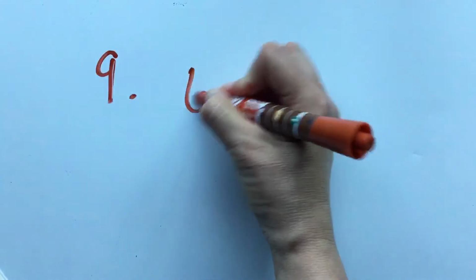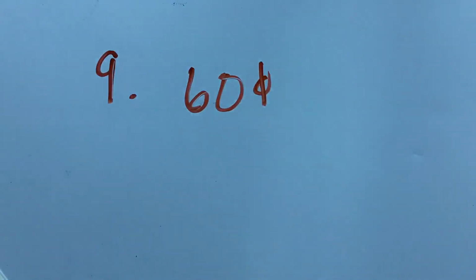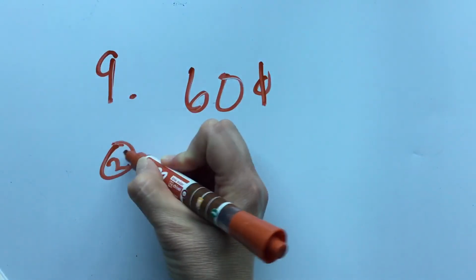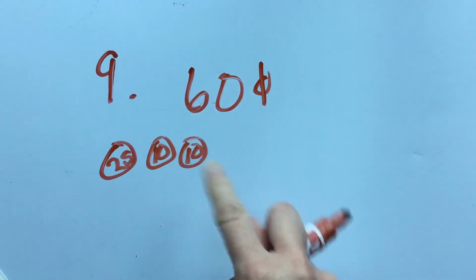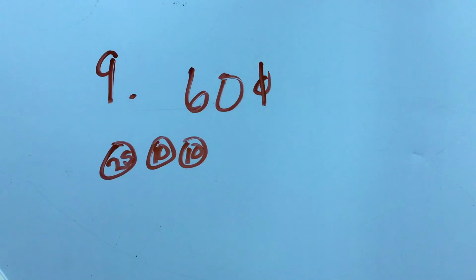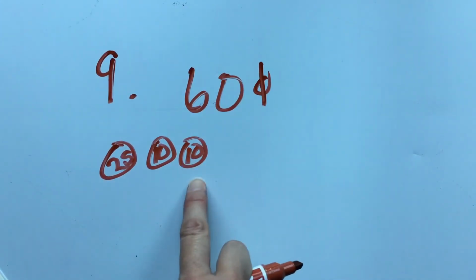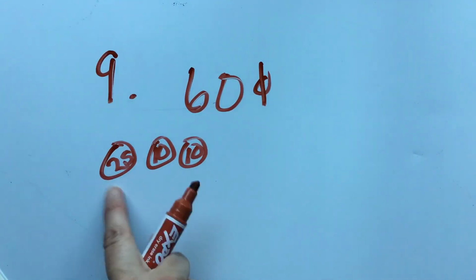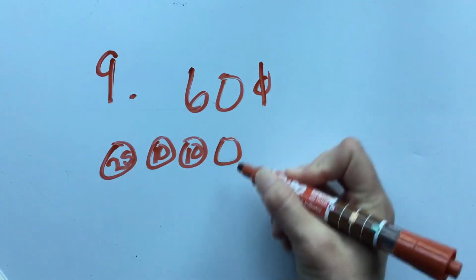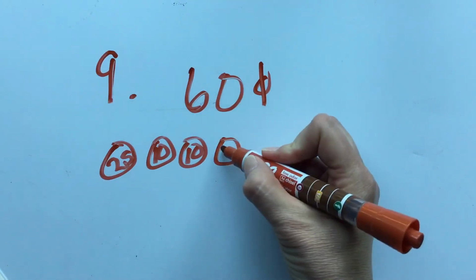Let's take a look at another example. What if I want to reach 60 cents? And I've got a quarter and 2 dimes. What coin values will I have to add to get there? Well, first we need to find out what we already have. 25, 35, 45. Let's keep adding dimes. What do you think? 25, 35, 45, 55.